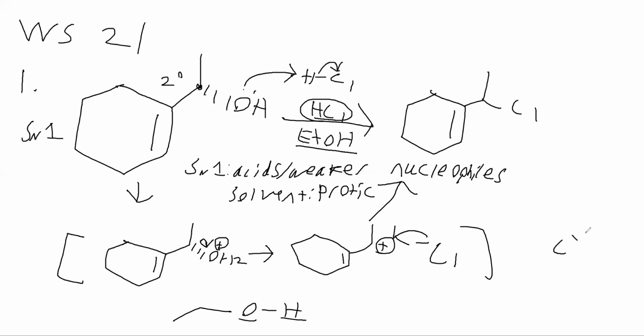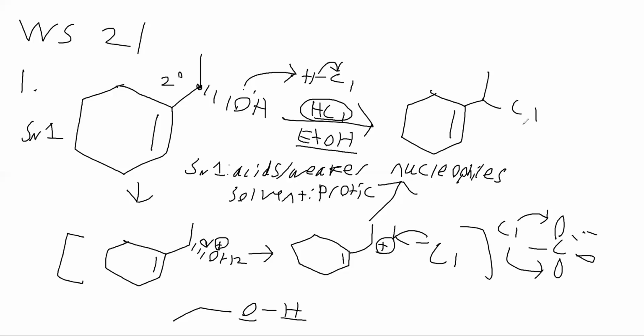So you have some random stuff bonded in the flat trigonal planar area, and then there's the empty p orbital. So the chlorine could either attack from the top or the bottom. It doesn't really care. It's going to attack both roughly equally, so you're going to get an equal mixture of the two enantiomers, and that means you can basically say that it loses its chirality because it forms a racemic mixture.